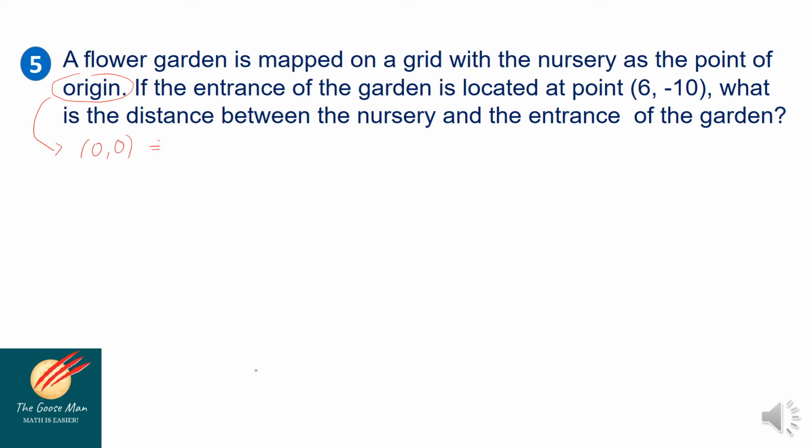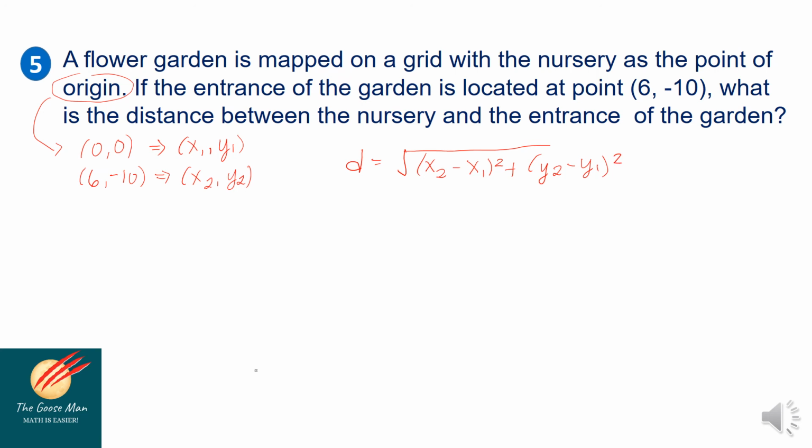So this is our x sub 1, comma y sub 1. Next, we can use the coordinates of (6, negative 10) as our x sub 2 and y sub 2. We can now use the distance formula of the square root of x sub 2 minus x sub 1 squared plus y sub 2 minus y sub 1 squared, and simply substitute the given values.